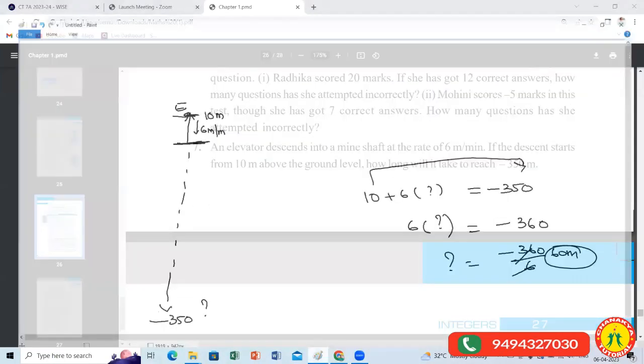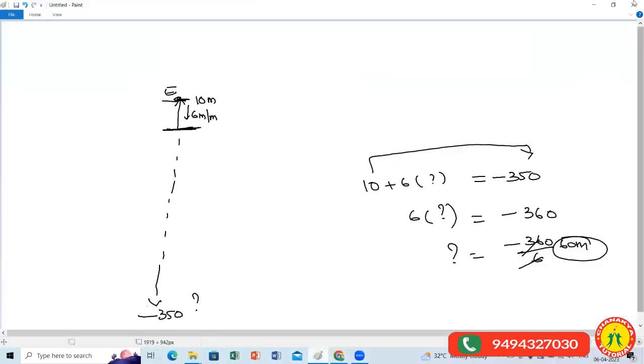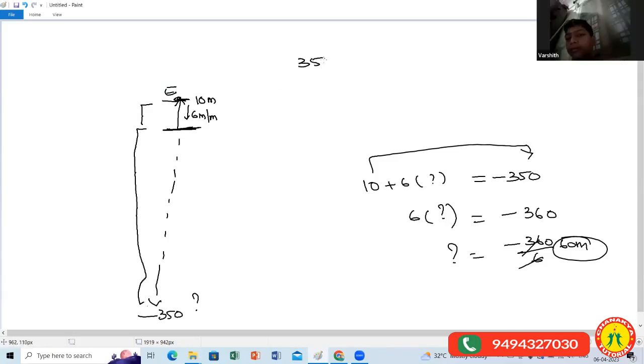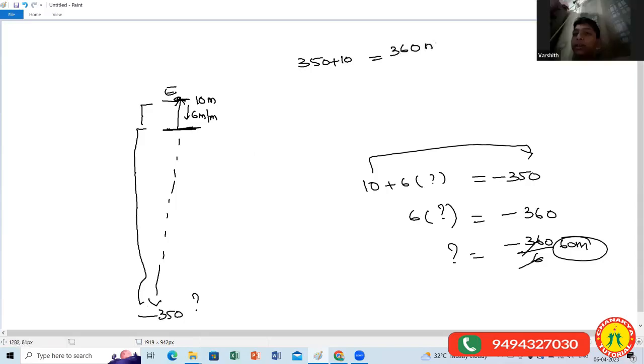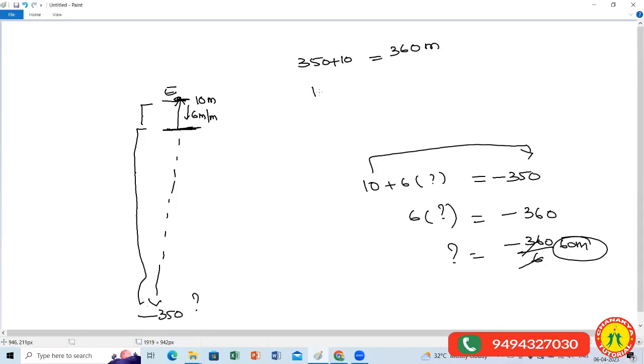How did you understand this? Yes, ma'am. Because the total distance you see here is 10 meters, and from here to here 350 meters. Total distance is 350 plus 10, which is 360 meters. In 1 minute, how much distance is it traveling? 6 meters.